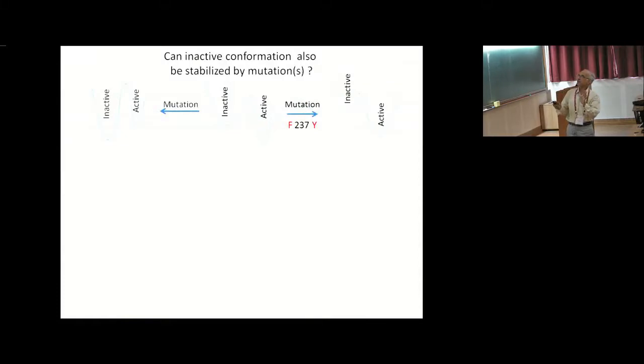When you add galactose, it shifts to the active form. Now I can convert this state into this state either by adding galactose or by mutating it, the constitutive mutants. The concentration of this increases as compared to this. So this is my starting point.